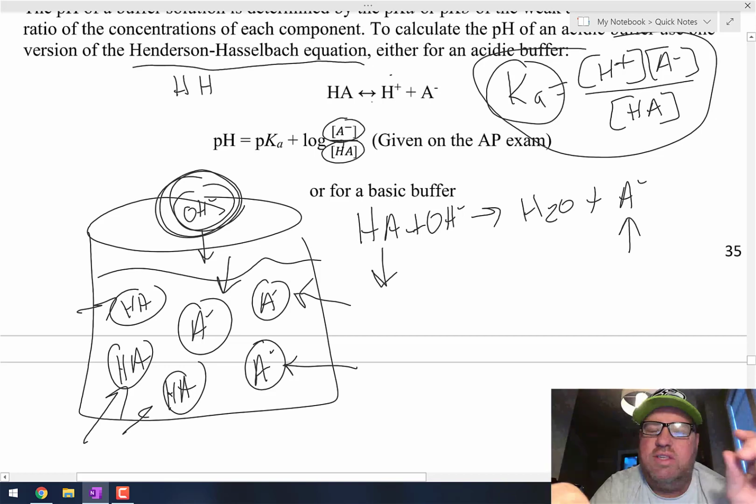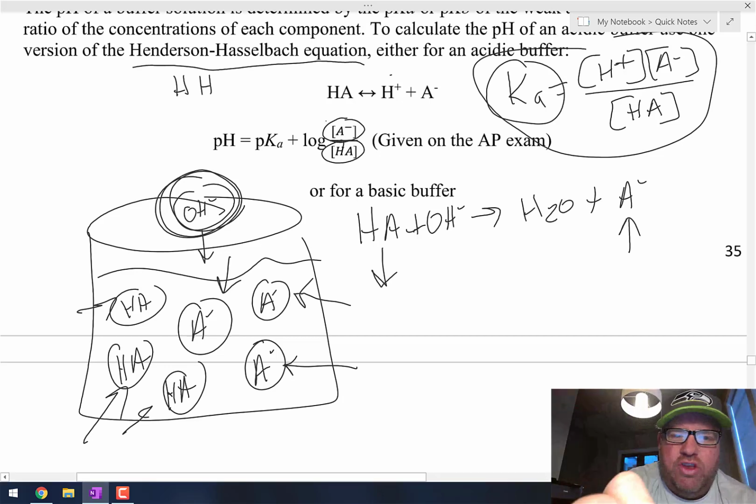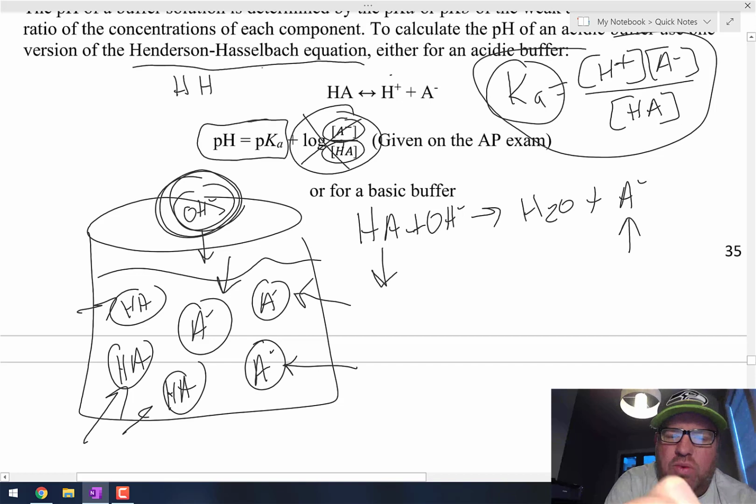And what that means is that that number is equal to 1. And the log of 1 is equal to 0. So, at the half equivalence point of a titration, this whole part here cancels out, and the pH is equal to the pKa.